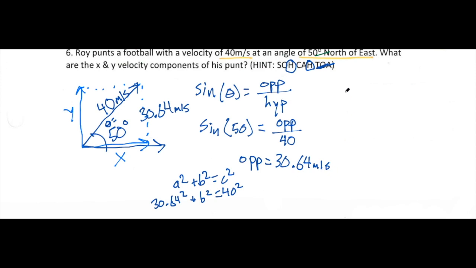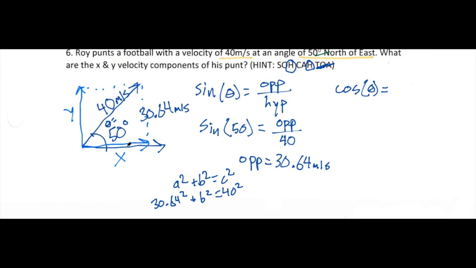Or the other way, and this is the way that's actually in the answer key, if you go to take a look at that, use my trig. Cosine of theta equals adjacent over hypotenuse. Adjacent just means next to. Realize the hypotenuse is also next to, but the hypotenuse is different.